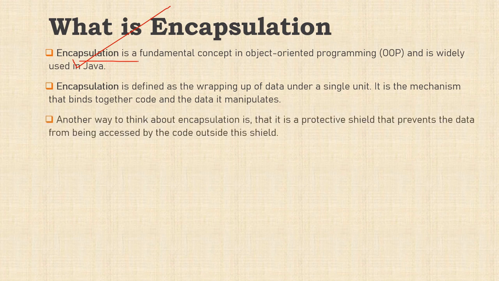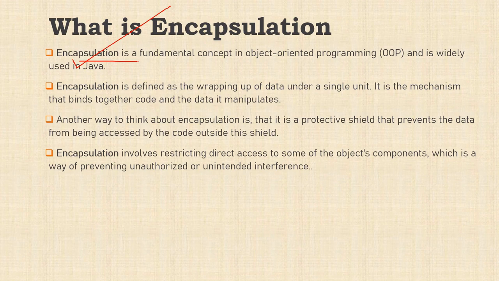Another way to think about encapsulation is as a protective shield that prevents the data from being accessed by code outside the shield. We make the shield for the data members and variables.